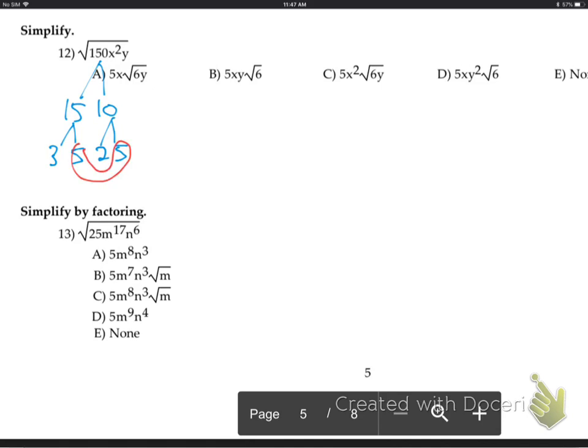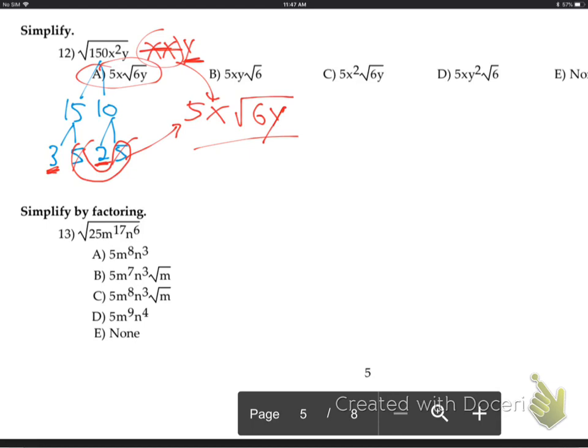Two 5s in, one 5 out. x squared y is x times x times y. Two x's in, one x out. What's left over inside? They're gone, and these guys are gone. 3 times 2 is 6, and the y. 6y, done. 5x root 6y is A. Good on that? 2 for 1.